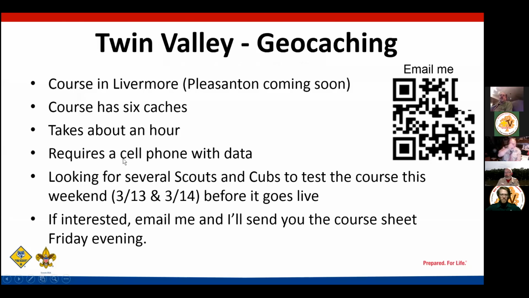All right. So I've been putting together a geocaching event. The first course is in Livermore. There are 6 caches, and if this appears to be successful, I'll put one in Pleasanton. I figure it'll take about an hour. It will require a cell phone, because those who participate will get a sheet that has the GPS coordinates and also a hint to help them find the cache.